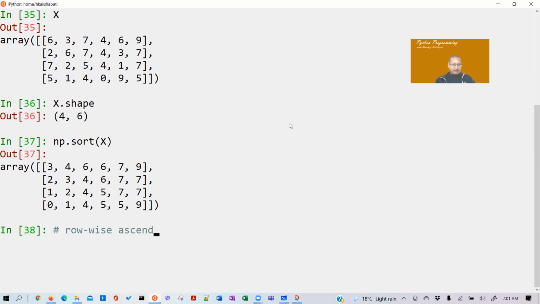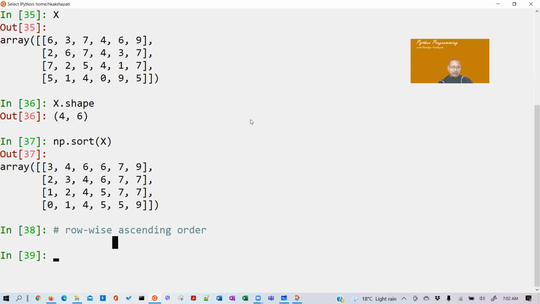Row wise, ascending order. So as you can see here, the order is 3, 4, 6, 6, 7, 9. यो चाहिँ हैन के, केमा भयो सबभन्दा सानो, यसमा के छ? 3 छ, next 4 छ, next 6 अनि 6 दुईटा 6 भइहाल्यो, अनि 7 अनि 9 है. यहाँ हेर्नुस् न, likewise सबै rowहरु.